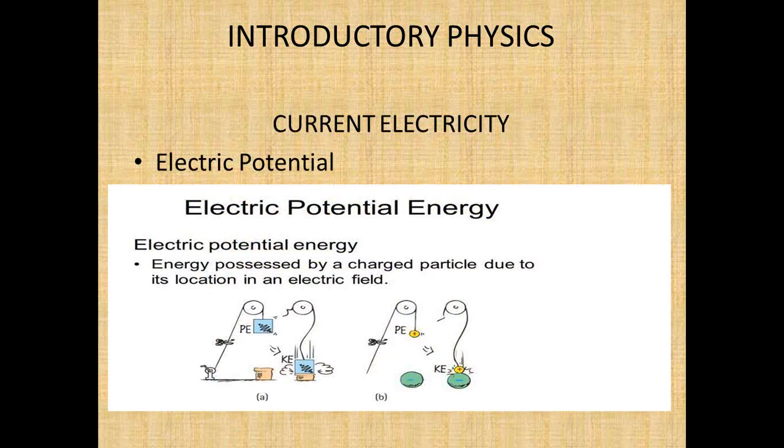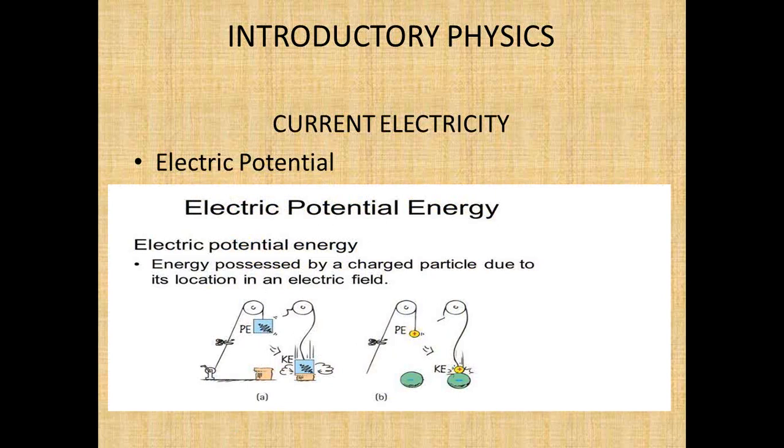If you have a positive charge object, the electric field lines are going to move away from that positive charge object, because of how we define electric field. If we put a positive test charge, we're always thinking in terms of a positive test charge.